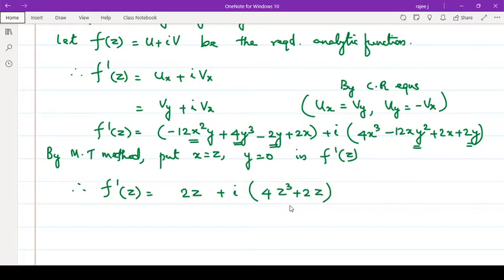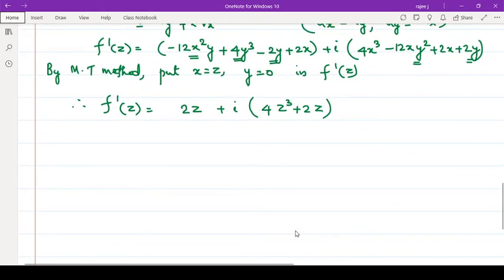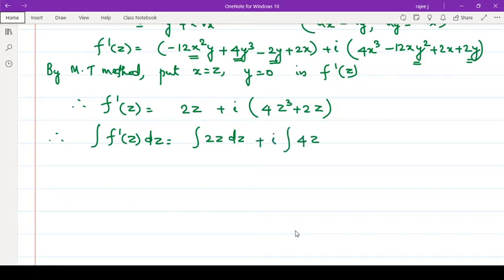This is f dash z. Therefore integrating both sides will give the integral of f dash z dz is equal to the integral of 2z dz plus i into the integral of 4z cube plus 2z dz.